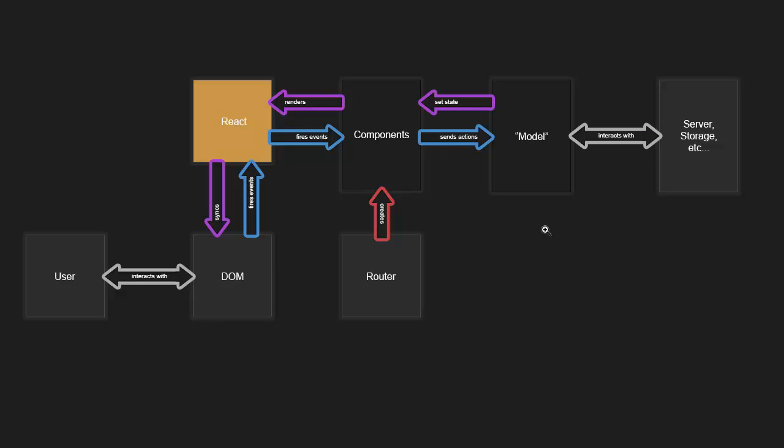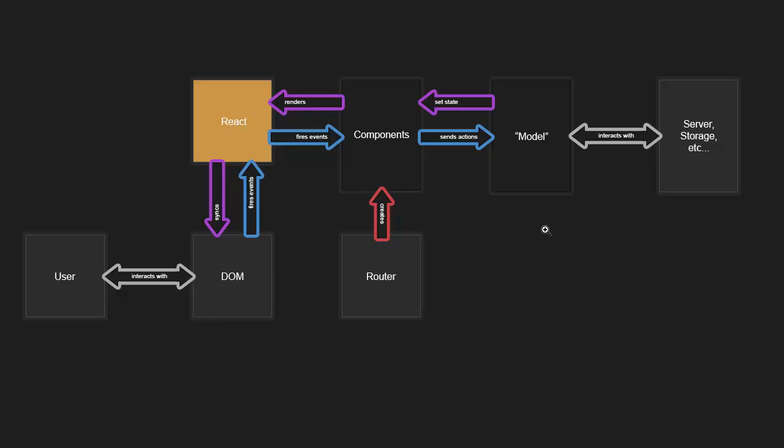You can't see me, but I'm finger quoting. What the model is in this example is pretty much anything. Just like there's a million ways to architect a standard vanilla JavaScript application, there are a million ways to architect this model bit in a React application. And you might have heard of terms like Flux or Redux or what have you, that are all just different ways to represent the model in our application.